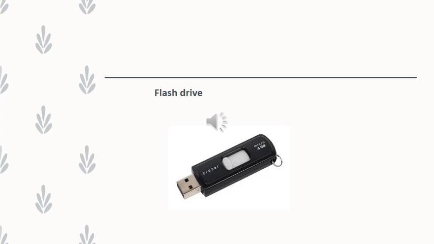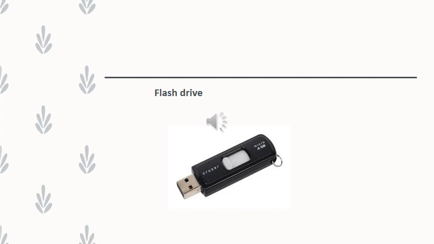You can easily insert the flash drive into a USB port and create a backup of these documents. Now USBs come in different ranges, 2 GB, 4 GB, 8 GB, 16 GB. USBs of every capacity are easily available.